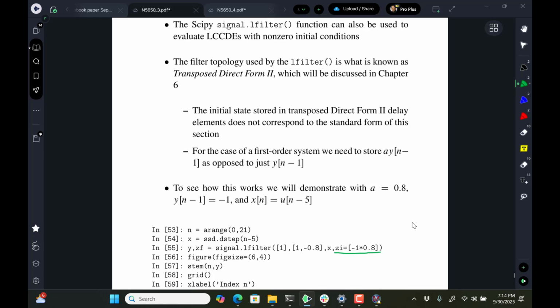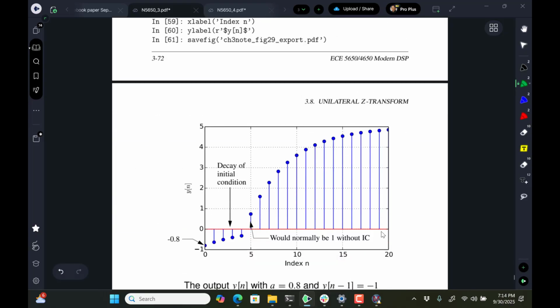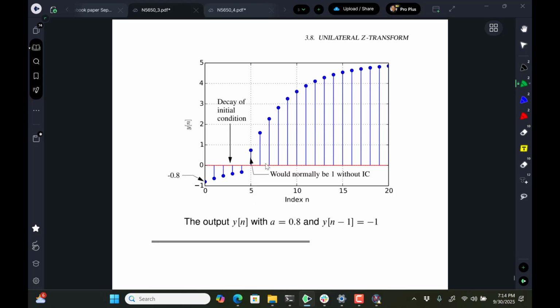In the first problem of the project, you're going to do the same thing. In this case, I just delayed a step to turn on at 5, but I put an initial condition in so that it's starting to decay off from 0, and then the input turns on then, just as an exercise to go through it and see how it plays out.